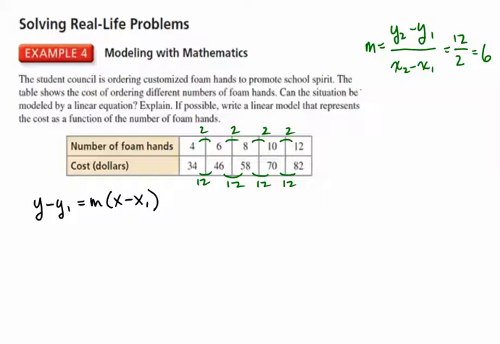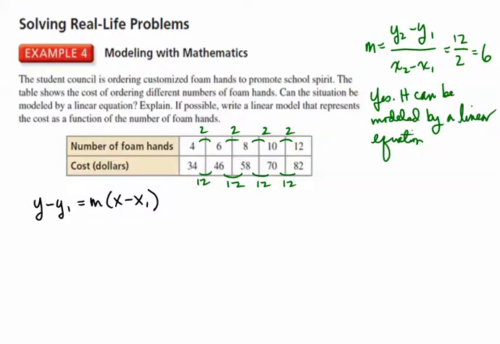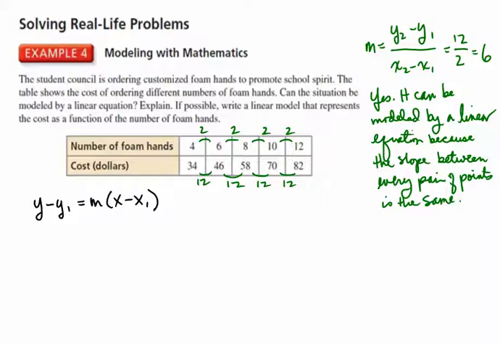So let me answer yes. Yes, it can be modeled by a linear equation because the slope between every pair of points is the same.